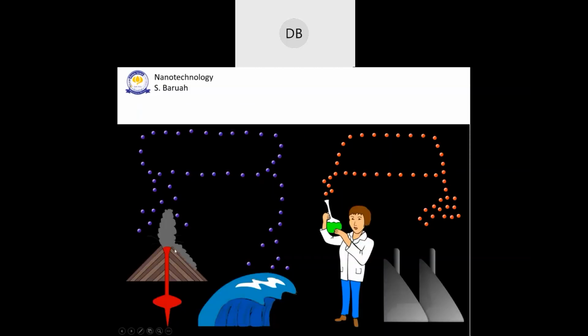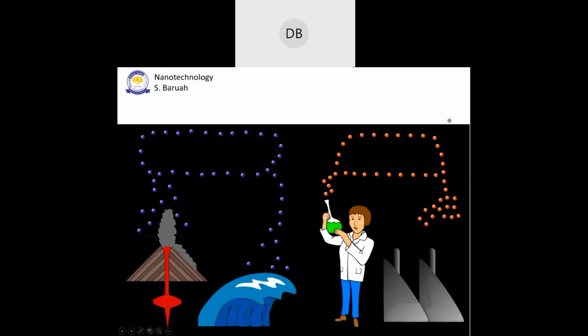So I mentioned that natural activities can generate a lot of nanomaterials in the atmosphere, like volcanic eruptions, even high tide, tsunami. All these things can generate very small particles in the atmosphere, typically below 100 nanometers in diameter. And the same thing we can do in a lab.